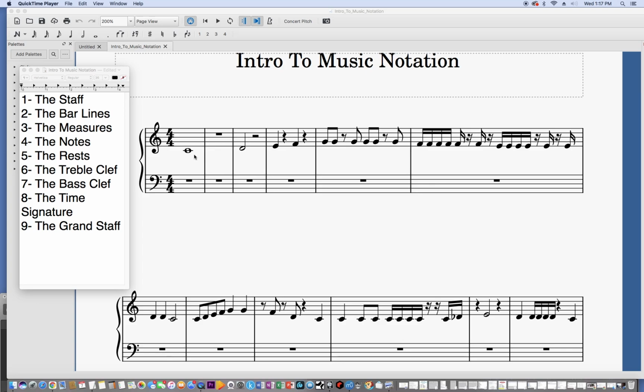For instance, we know that this note happens to be middle C, which is somewhere in the middle of the piano, and the notes that are to the right or up from C go to the right side of the piano. And the more you go to the right, the higher the pitch of the sound.